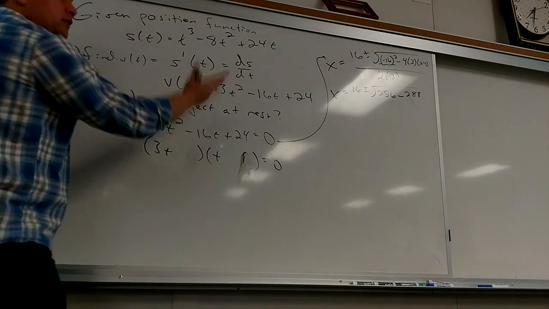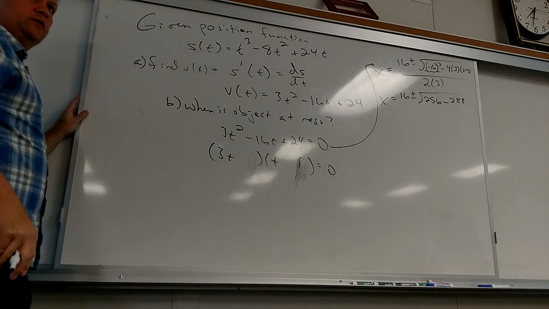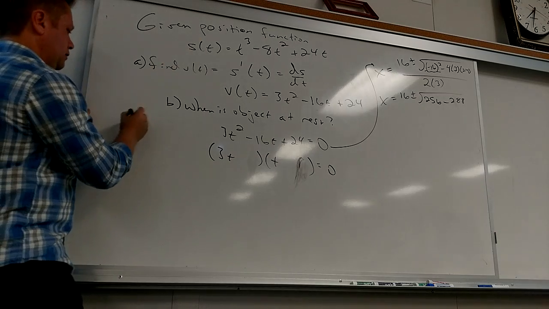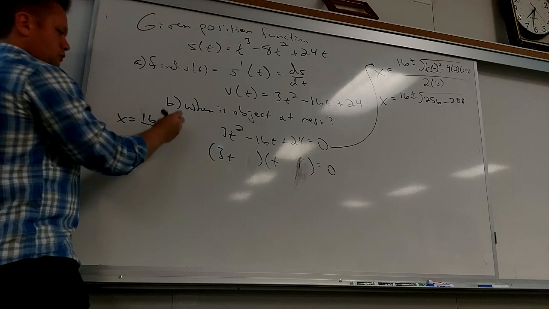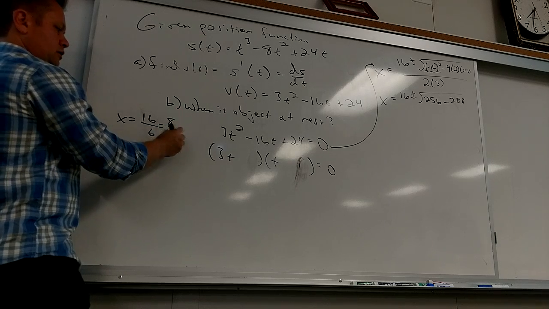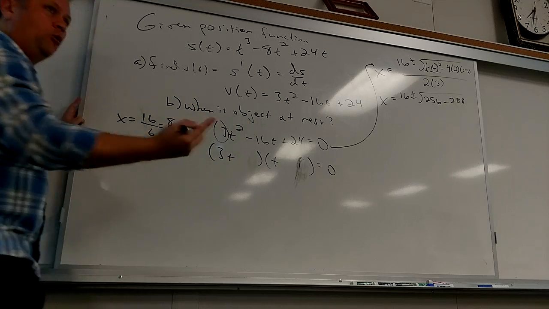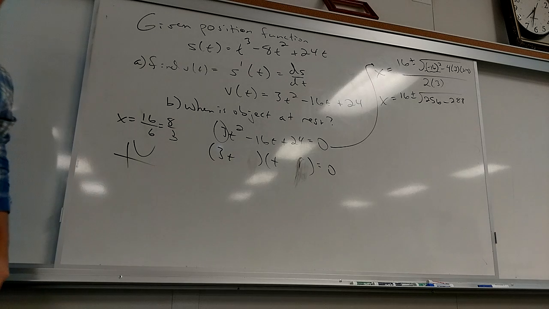So where's this guy's vertex? There's a really quick way to check this out. What's the quick way to find the vertex for this? Negative b over twice a. Right? So you get 8/3. If you throw 8/3 in, if this comes out positive and the parabola opens up, then that means it is always above the x-axis.